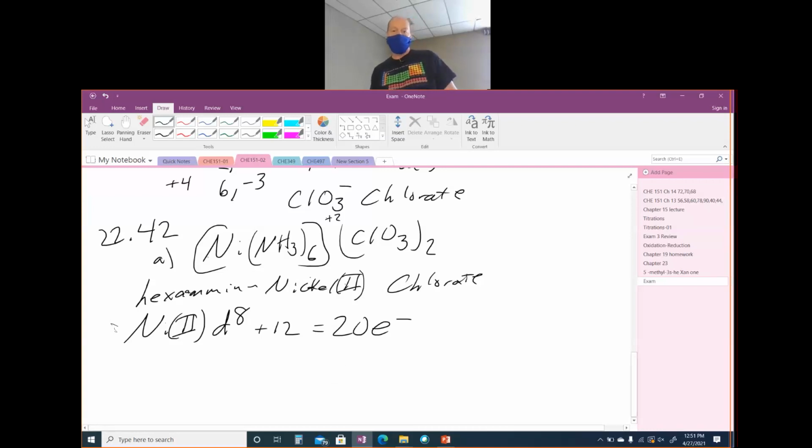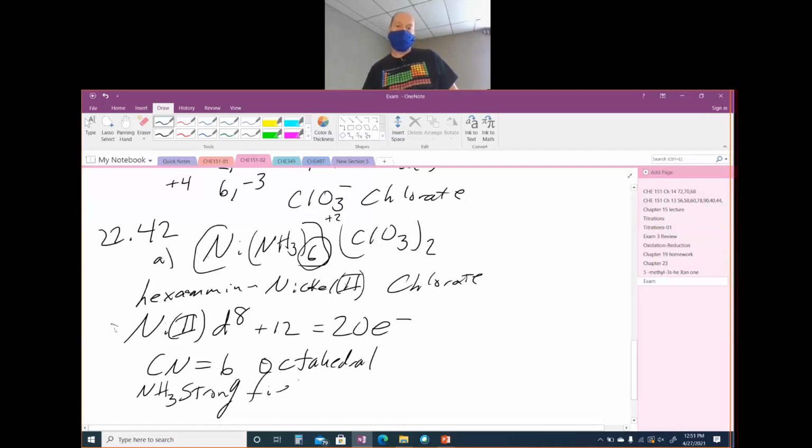All right, we have a coordination number equal to 6. So this is octahedral. These are strong field ligands, and so this is going to be a low spin. Now, it doesn't matter because we have a D8.